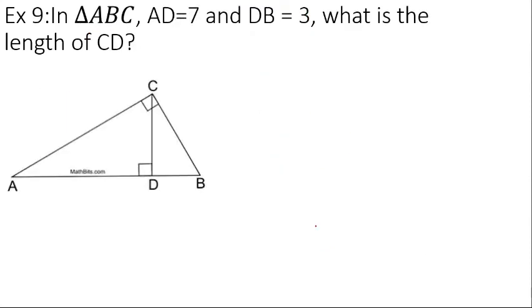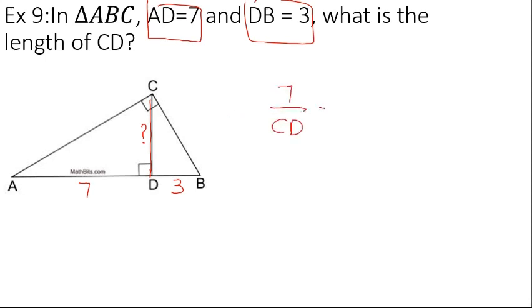Number 9. In triangle ABC, it says AD is 7. So this is 7. DB is 3. So 7 and then 3. This is what is the length of CD. So CD is right here, which we don't know what that is. So again, we start off by writing it down. 7 over CD is equal to CD over 3.